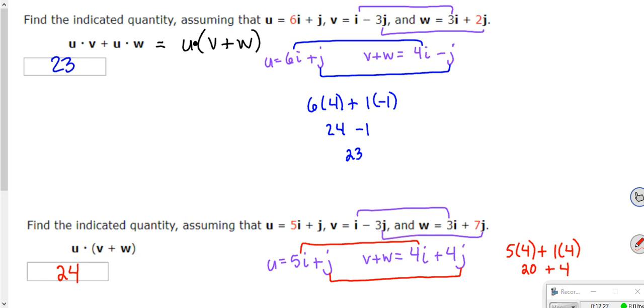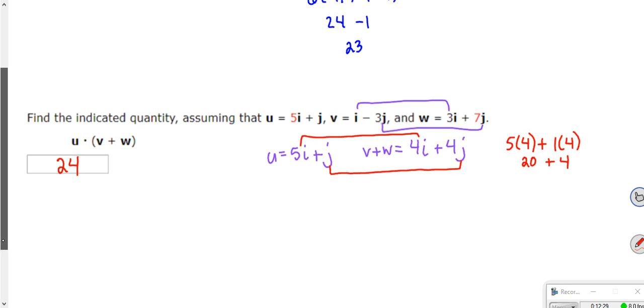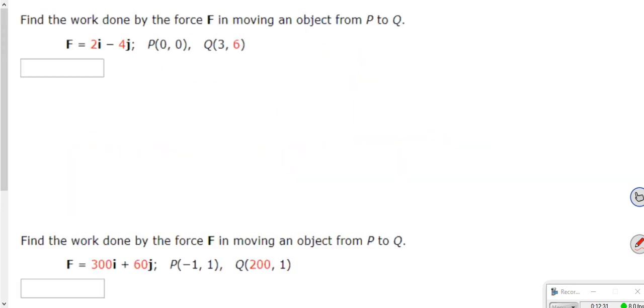All right, I don't think I had anything under that. No. All right, next page. Find the work done by the force F in moving an object from P to Q. Now, again, in your PowerPoint, highly recommend it, there is a formula that says work equals force times distance.